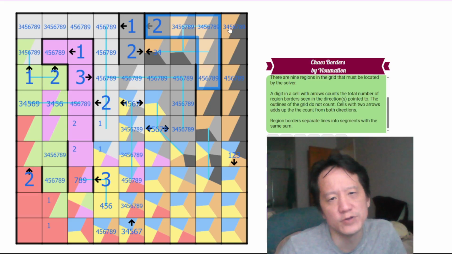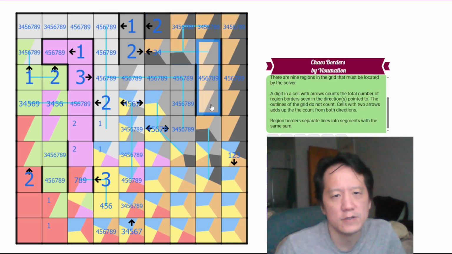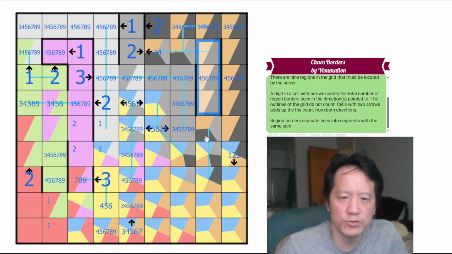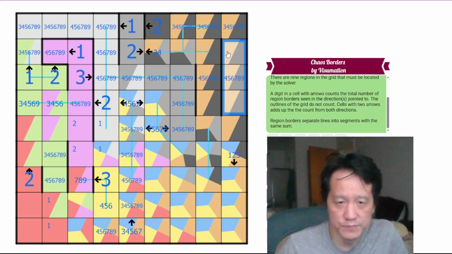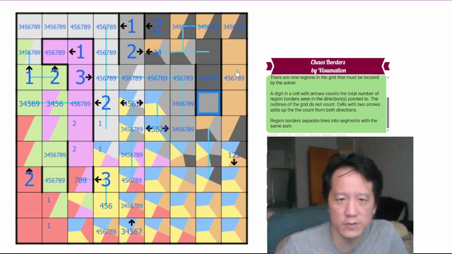This could be the same region. This could be a separate region. That's possible. Maybe we should color things from these perspectives instead of this one. Okay. So this, I guess we're gonna make orange, and this will make dark. So this could be orange or dark technically.